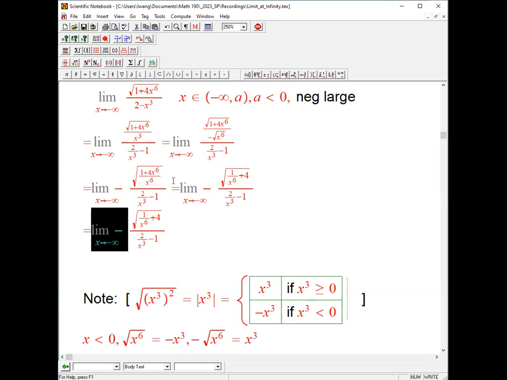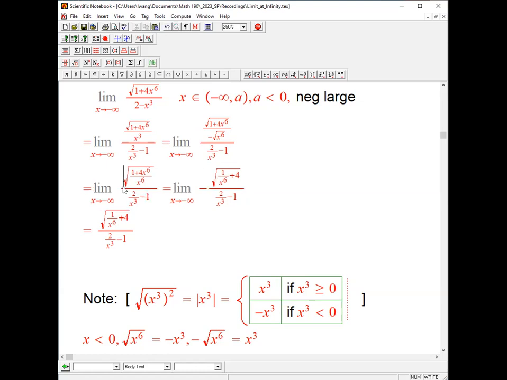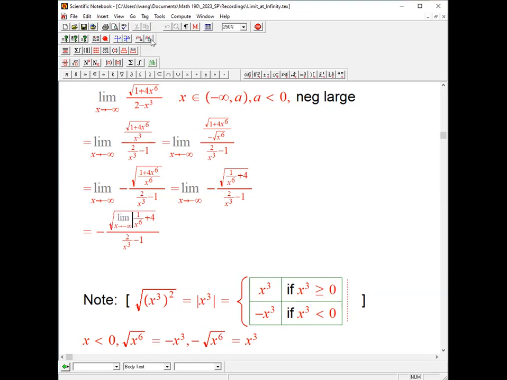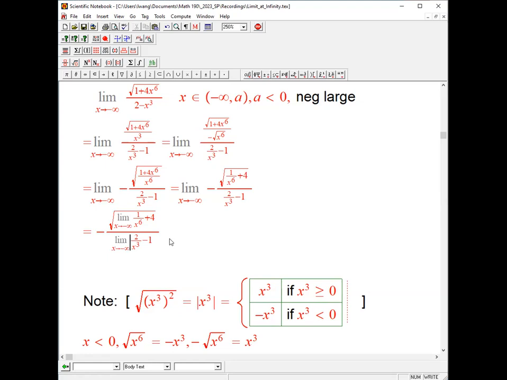Wait, I put a negative sign in the wrong place. Okay, hold on. Put the negative sign here. It's just a typesetting issue. And there's a negative sign here, don't forget. So now I'm going to take this limit across the continuous function, and the limit of 4 is going to be 4.